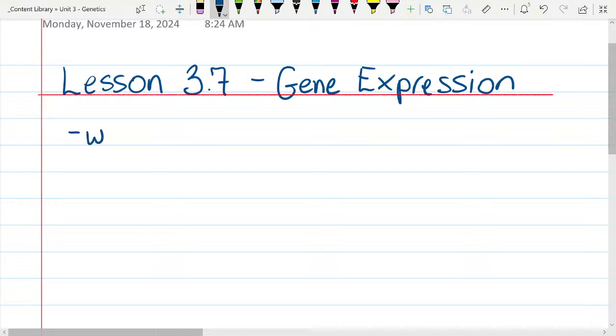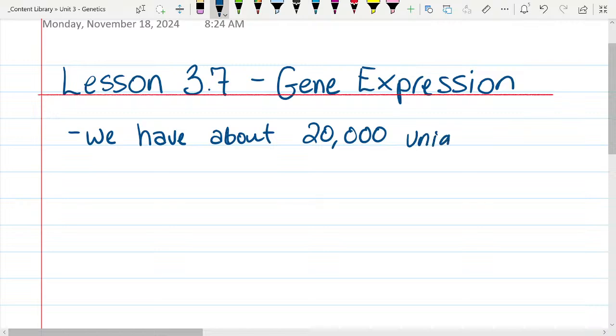So we have in the human genome about 20,000, give or take, unique genes that code for polypeptides.